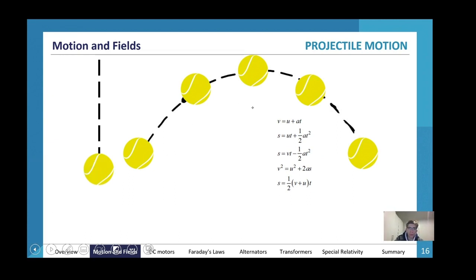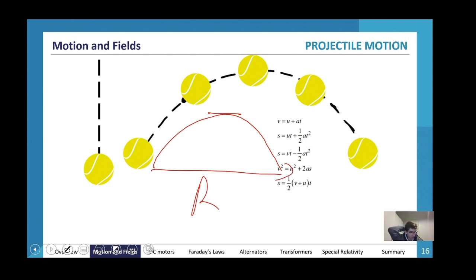It will shorten the projectile path in both the vertical and horizontal plane. So if there is air resistance present, the projectile will reach a lower height and a smaller range.